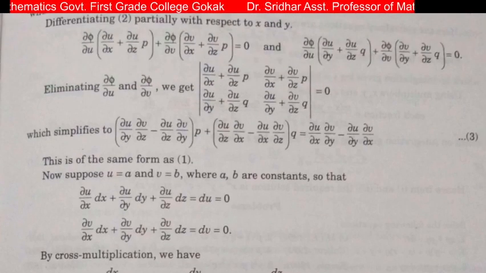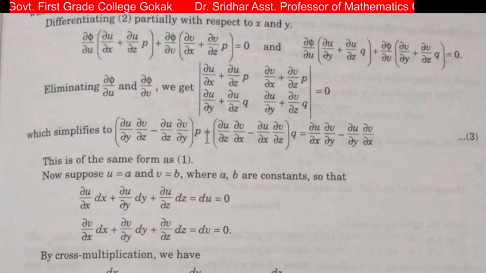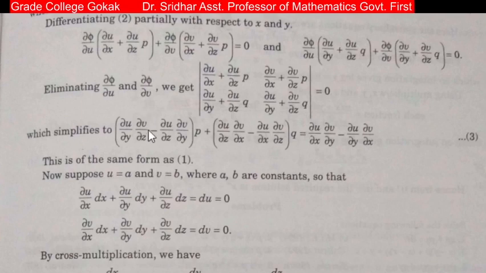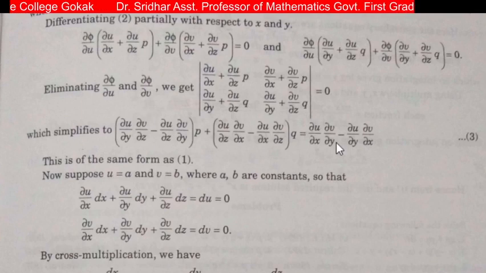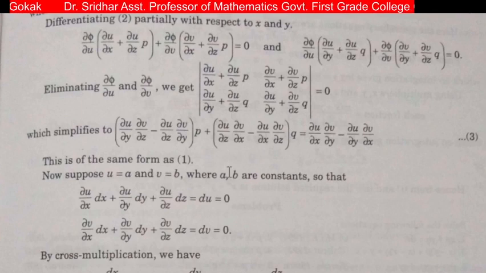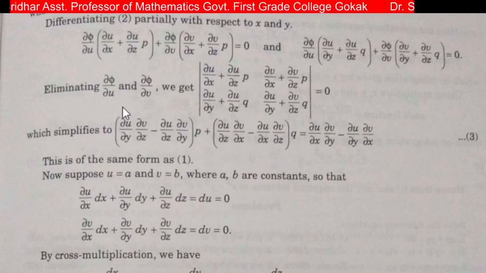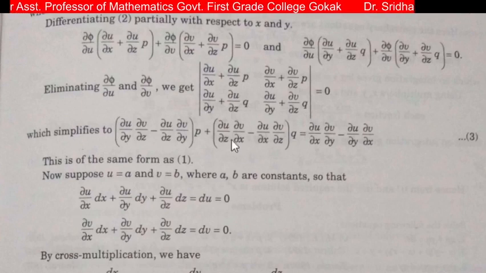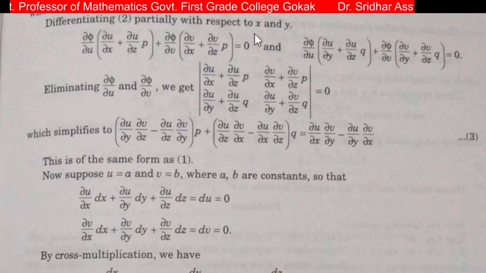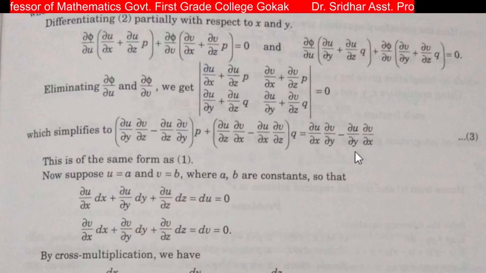Now compare equation 1 and equation 3. Equation 1 is of the form Pp + Qq = R. Comparing these two, we get capital P equal to this term, capital Q equal to this term, and R equal to this term.